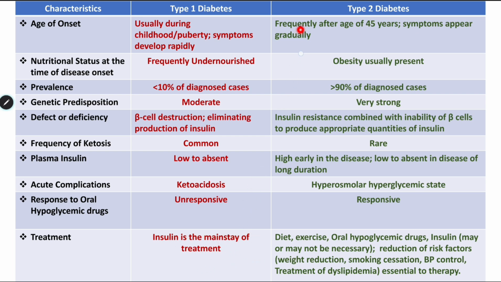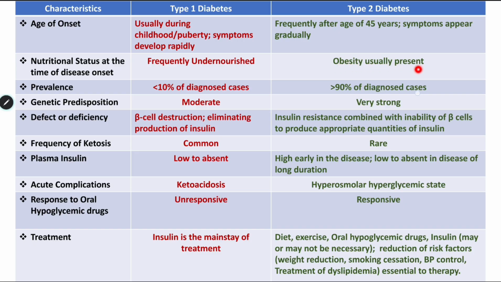Whereas in type 2 diabetes, the patient is generally older, with age more than 45 years. Symptoms appear gradually, it's insidious rather than rapid, and we'll see the pathogenesis of how type 1 and type 2 diabetes develop in the next slide.